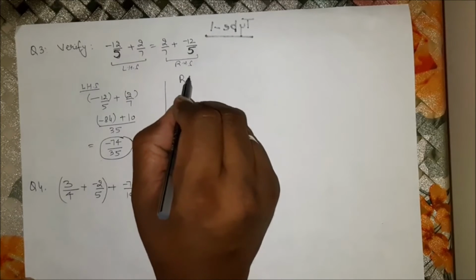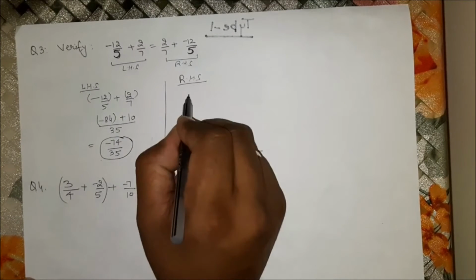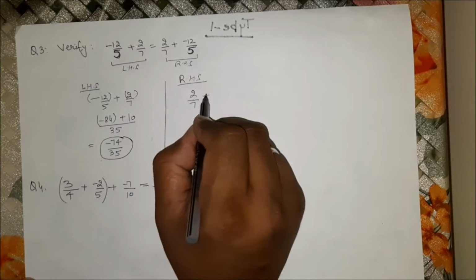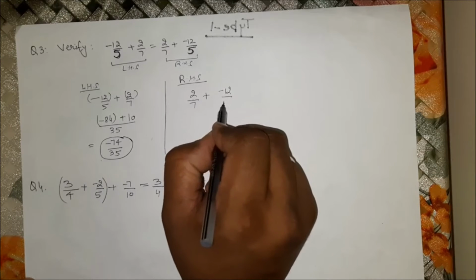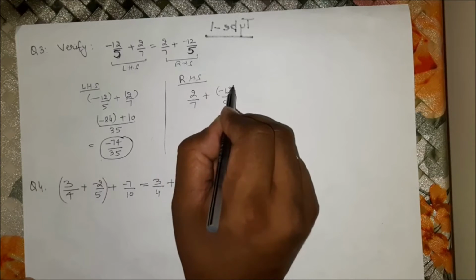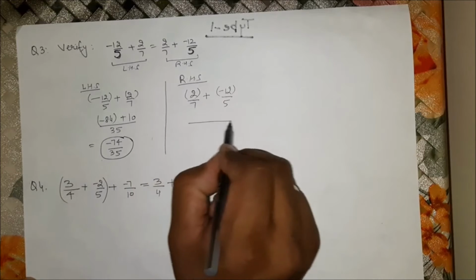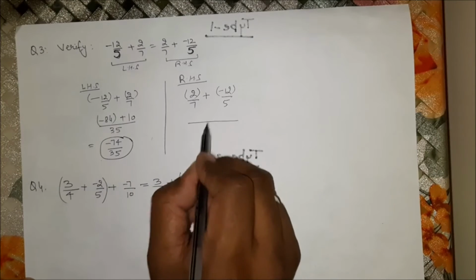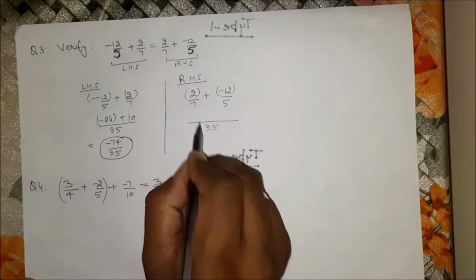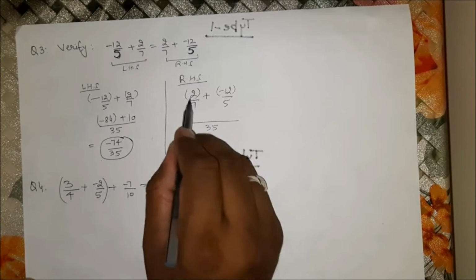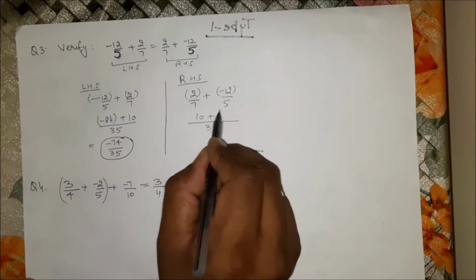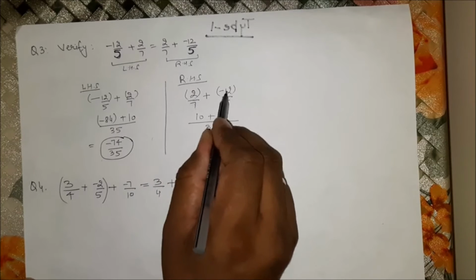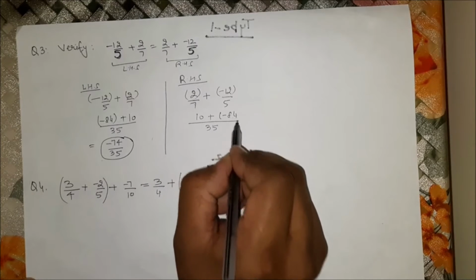Now we will find our right hand side. In right hand side you will have 2 by 7 plus minus 12 by 5. Put the numerator in bracket, take the LCM. 7 and 5 LCM will be 35. 5 into 2 is 10, and 7 into minus 12 is minus 84.